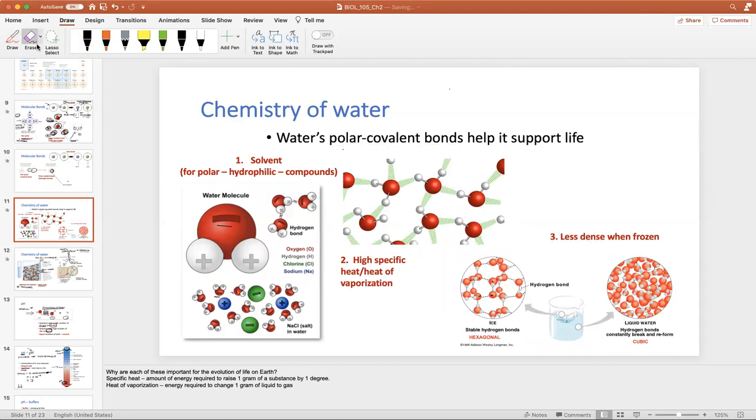All right, so what are some of the effects of water's polar covalent bonds, or its positive/negative nature? Well, one of the first things that we find is that water acts as an excellent solvent for other polar molecules, okay? So let's take a look at what's going on down here.